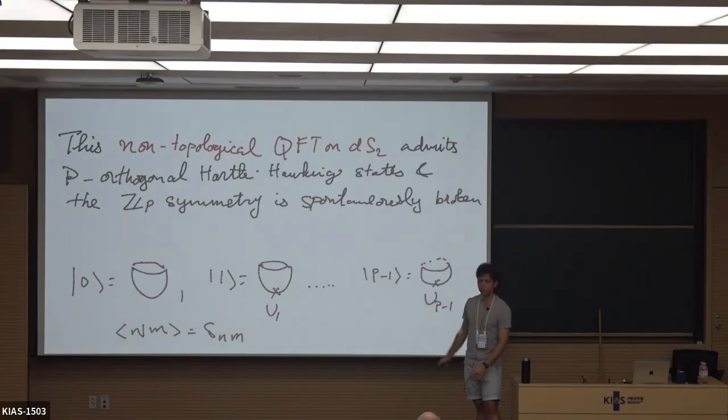So 0 would be inserting the identity in the Euclidean path integral, 1 would be inserting U1, and p minus 1 would be inserting UP minus 1. And these states are orthogonal. This is the way that we conclude that this theory has a spontaneous symmetry breaking of the ZP global symmetry.